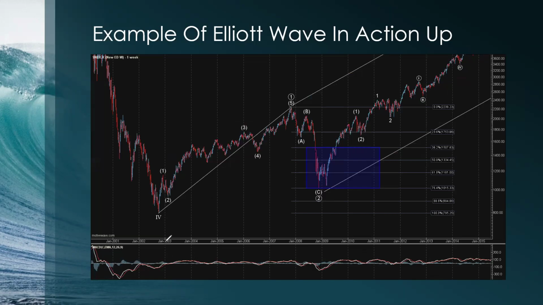And so this is another example of Elliott wave in action. So again, this is the NASDAQ from the 2002 low. We can see that again, Elliott wave is fractal in nature. So we have our initial wave sequence here, our wave one, and then we have a larger wave two down in this region here, in the financial crisis wave two. So again, very bearish sentiment down in the 2008 low.